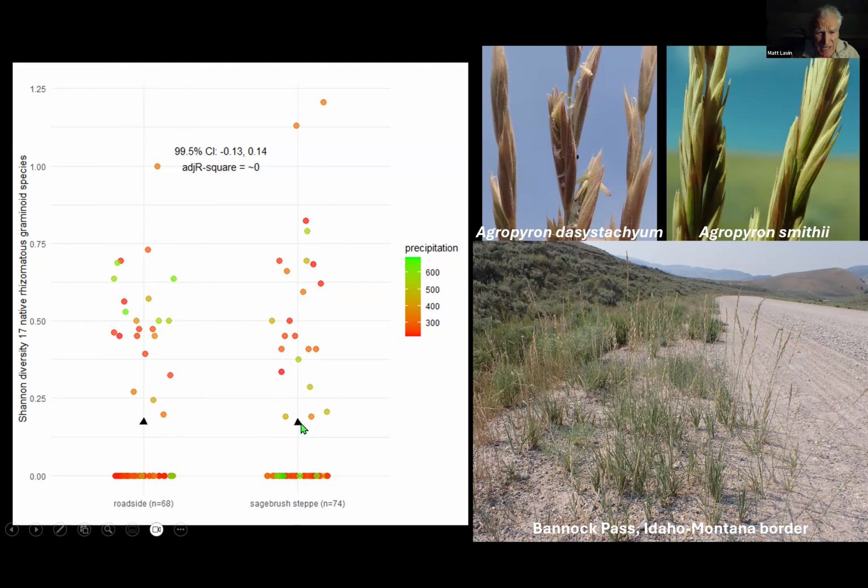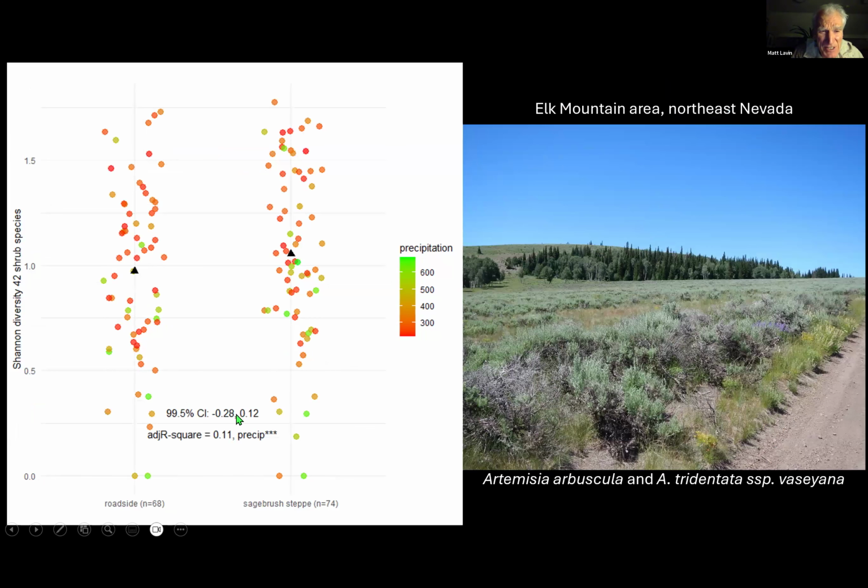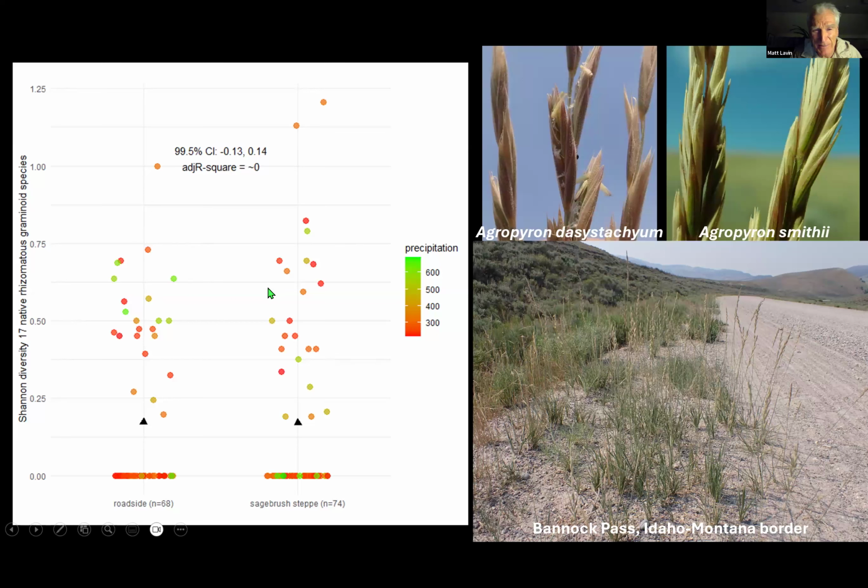So the mean values aren't really different. And also what I forgot to point out is that this 95% confidence interval, if there's a negative and positive value, that means the confidence interval bounds 0, which means there's no significant difference between the two. So that was the same for the shrubs. A negative and a positive means not significantly different. Sorry about that. Okay, so here we're back to rhizomatous graminoids.